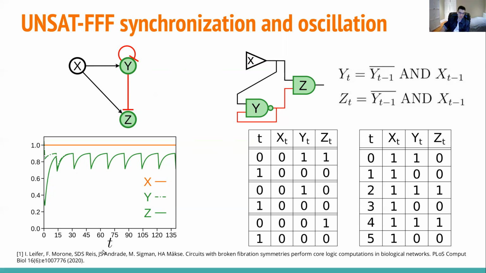But it can be shown in the delay ODEs too, which I didn't show here. So here we find these types of circuits that have synchronization and oscillation. All these circuits that have oscillation play the role of the clock, and the circuits that I showed before play the role of just synchronization so far.